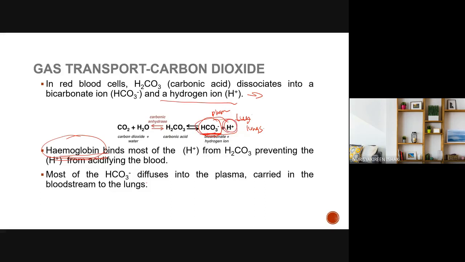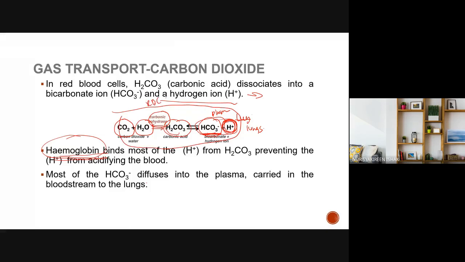Okay, so masuk balik dalam red blood cells awak, undergo the same reaction. Ini daripada hydrogen released by hemoglobin. Okay, so dia akan jadi carbonic acid. From carbonic acid catalyzed by the enzyme carbonic anhydrase, okay, jadi water and also carbon dioxide. So this reaction occurs in red blood cell.